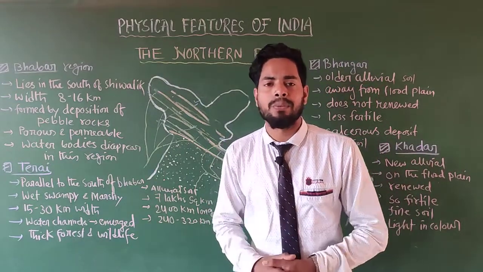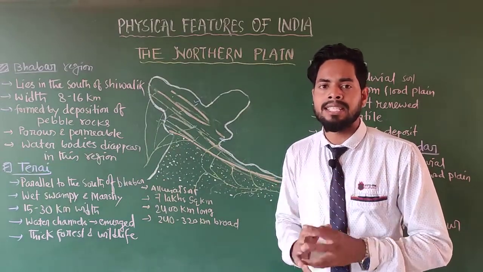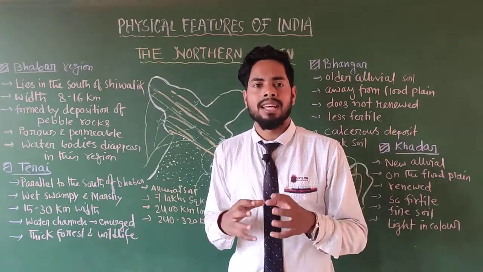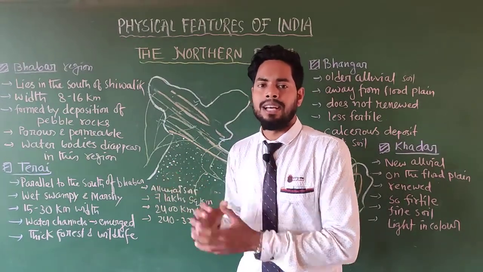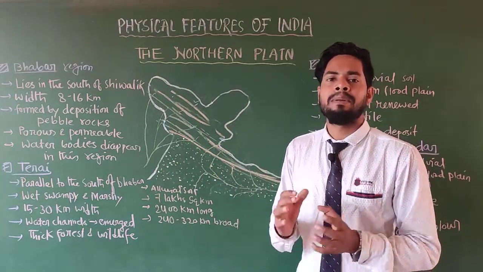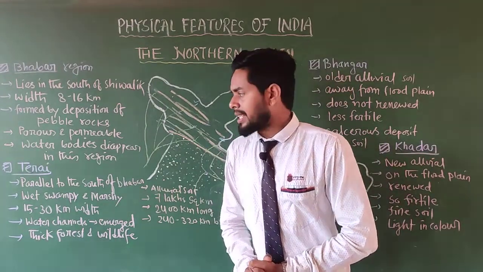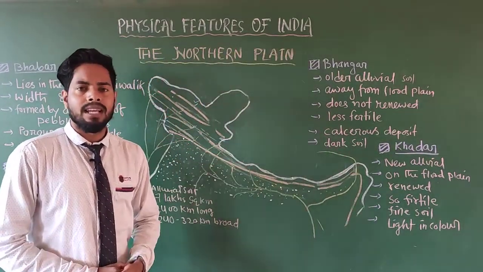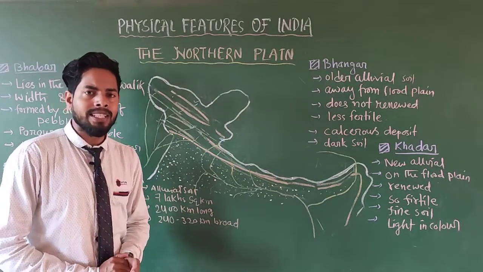Due to the presence of water, here we find dense forest, and these forests are full of wildlife. The width of the Tarai region is between 15 to 30 kilometers. Next, the third important category of the northern plain is Bhangar, and the fourth is Khadar.